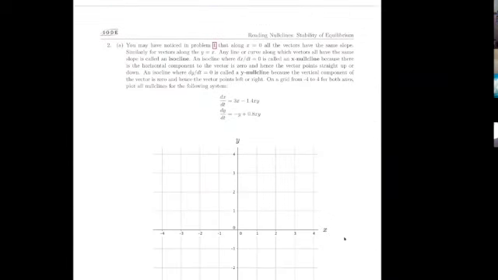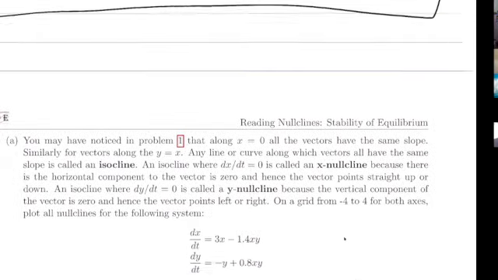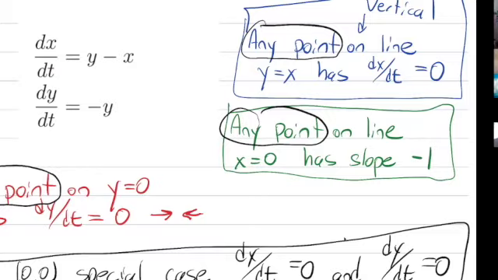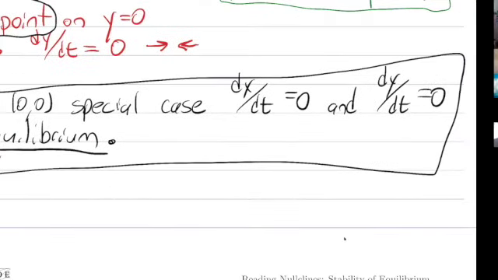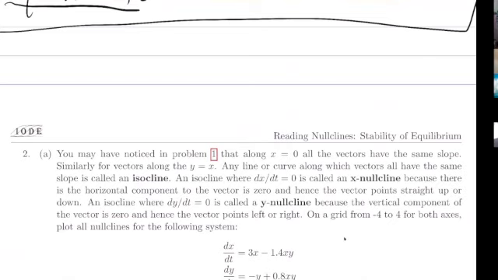Okay, so if not, then a couple of definitions relating to that previous example. First thing to note is that when all of the vectors along a line have the same slope, we call that an isocline.